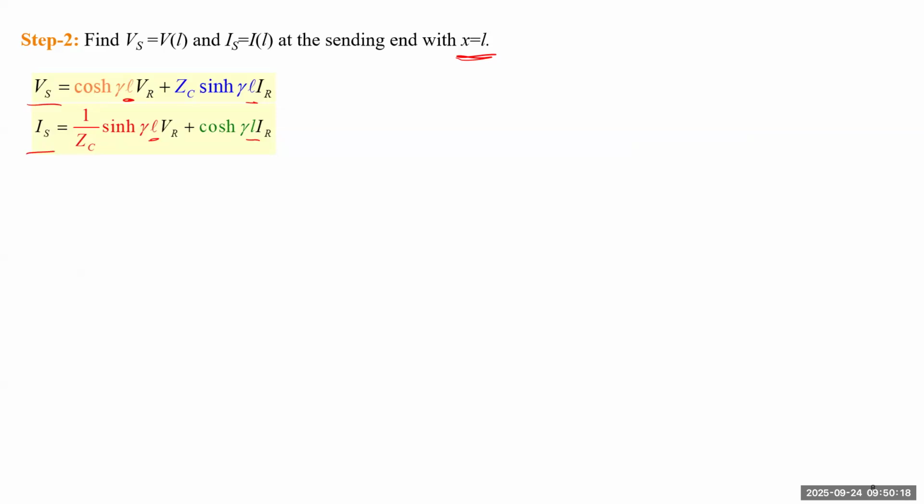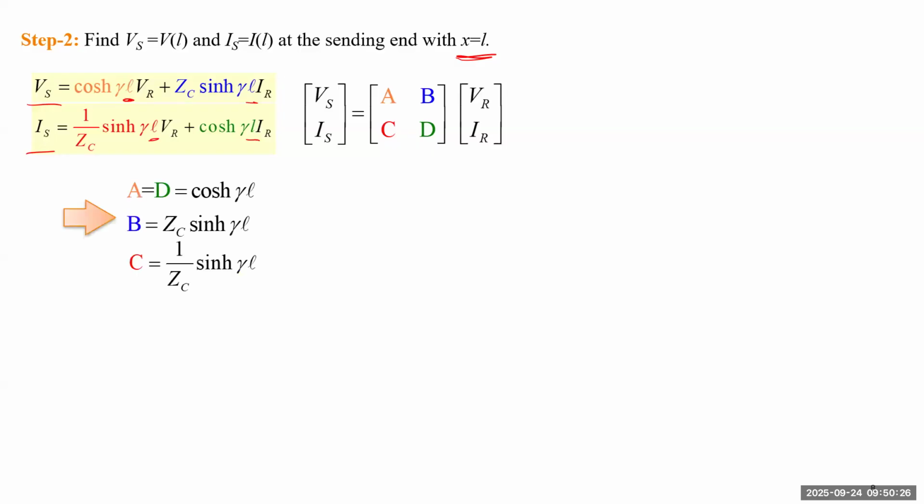I already colored those coefficients, so by comparing those two equations to the standard transformation, you will immediately know A and D will be equal to cosh gamma L. B is equal to ZC multiplied by sinh gamma L. And C is 1 over ZC multiplied by sinh gamma L. Those will be the A, B, C, D for the matrix.